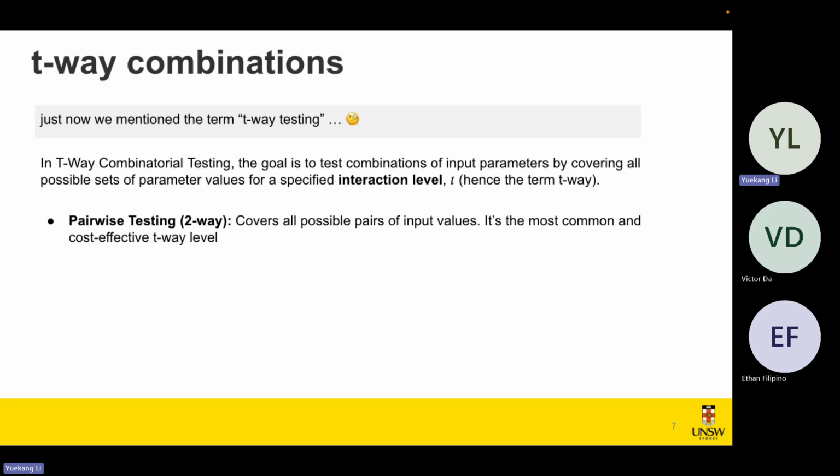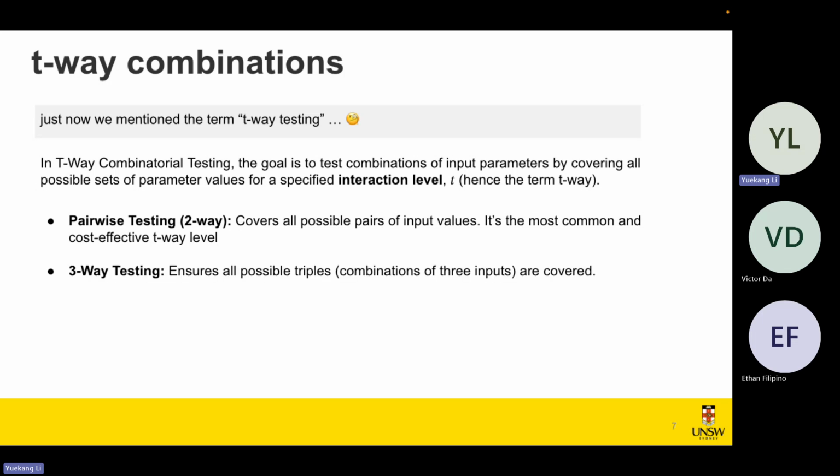We don't care about the patterns or permutations of values made up of 3 or more input parameters. So if we do 2-way testing, we just care about all the possible patterns that could be covered by taking different values for 2 input parameters.